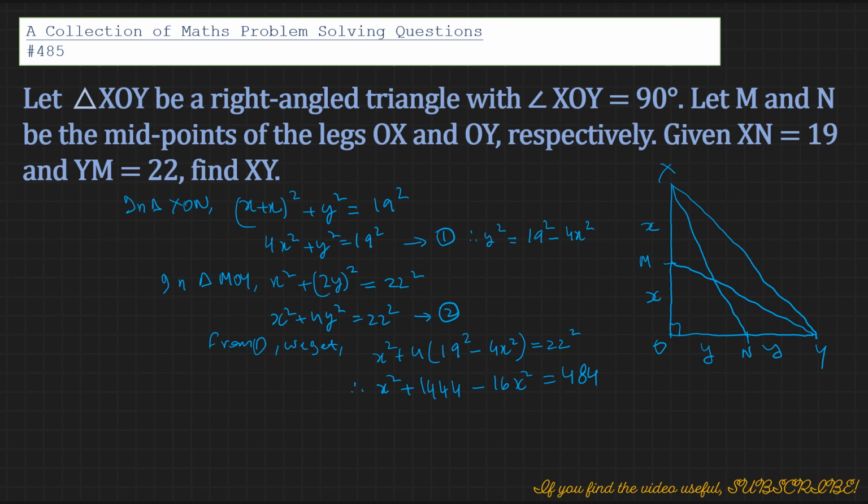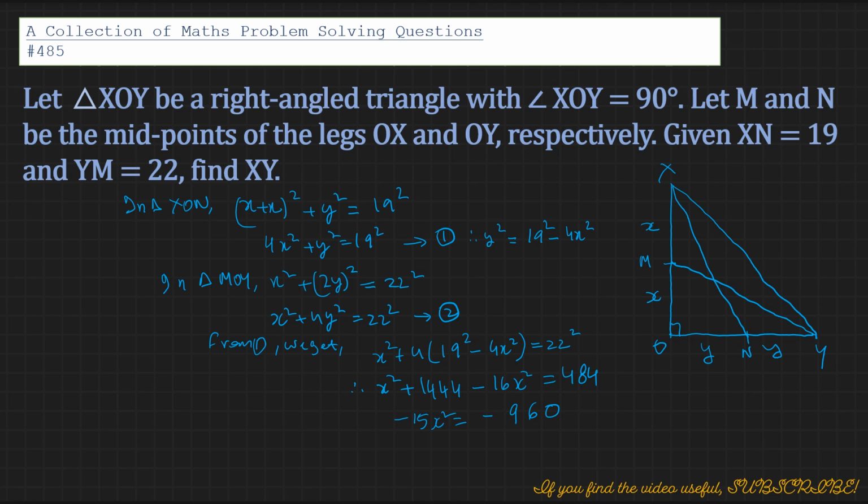So then we get minus 15x square equals 484 minus 1444. We're taking it to the right hand side, so we get minus 960.